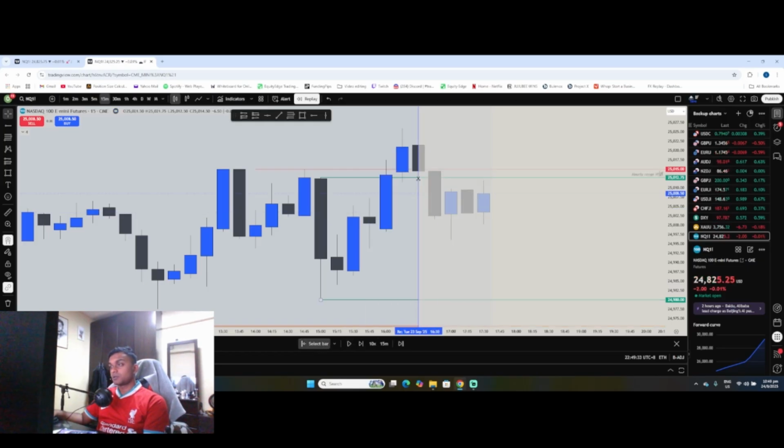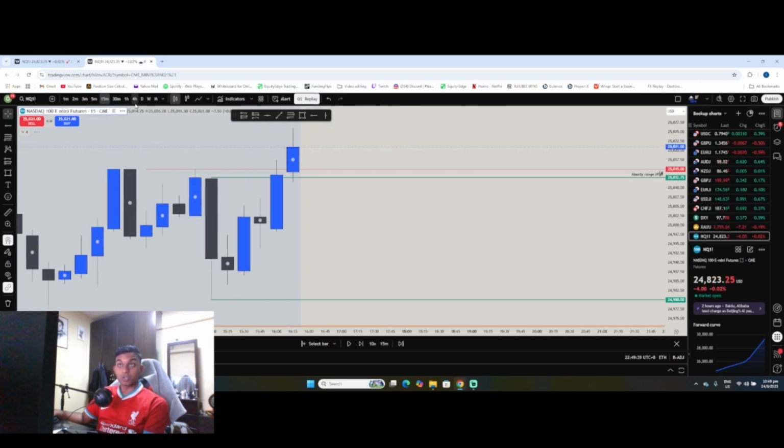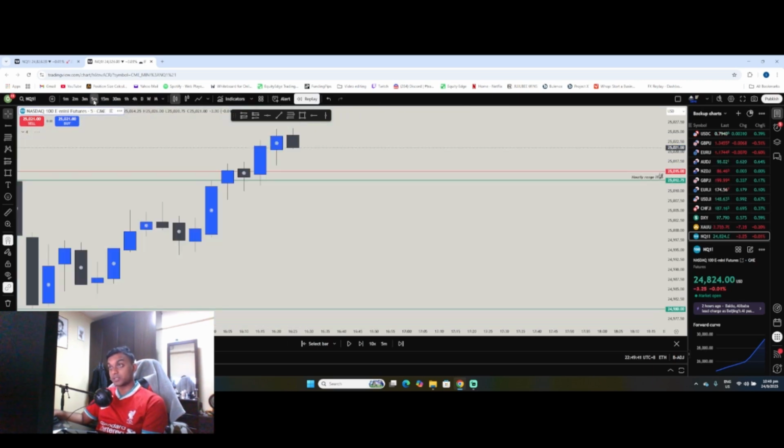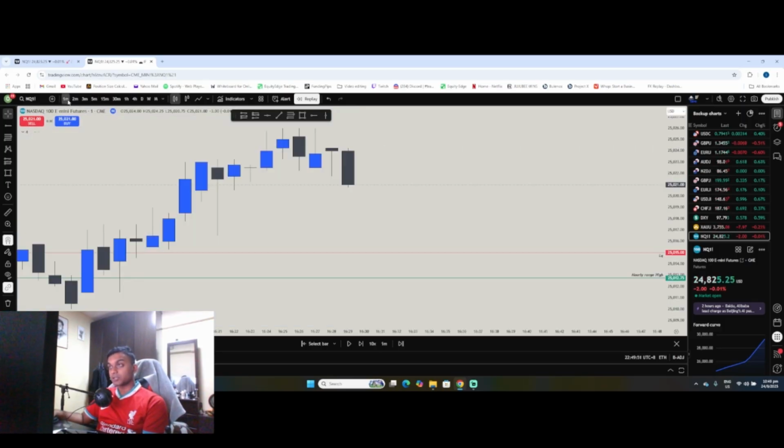Okay, but what I did, right, I entered aggressively because I missed the 2 o'clock candle, right? So I wanted to enter aggressively. As you can see here, we did a little sweep above this candle right here, and then we closed inside that candle. So that already shows me a 5-minute CRT, right? So I was waiting to see if both my criteria were filled. Number one, inverse fair value gap, done.